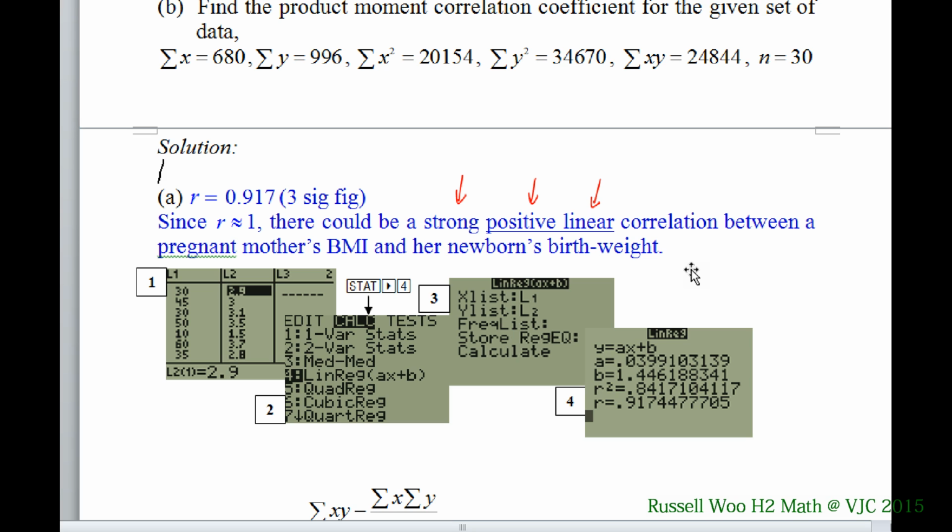Okay, B. You are given the summarized data: summation x, summation y, summation x squared, summation y squared, summation xy, and number of terms n. I think we all know what all this means, but just to give an example, what is summation xy?